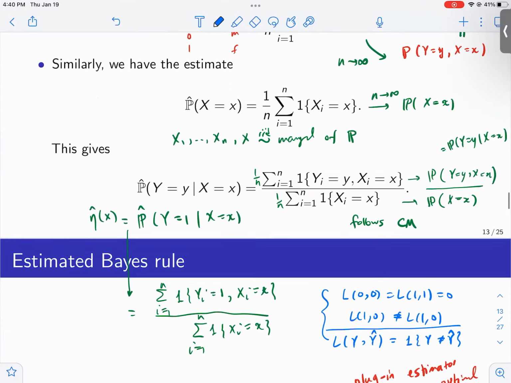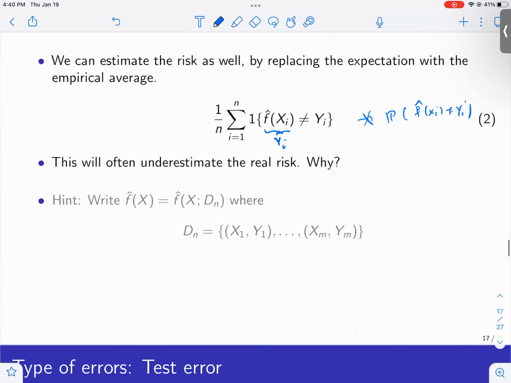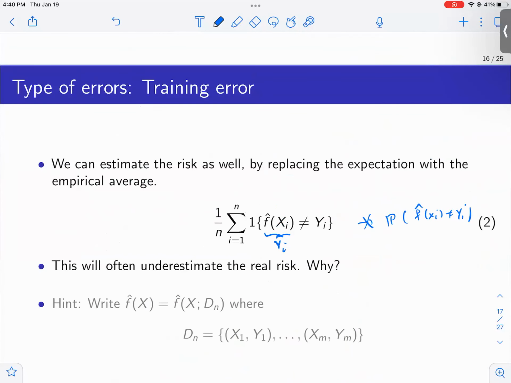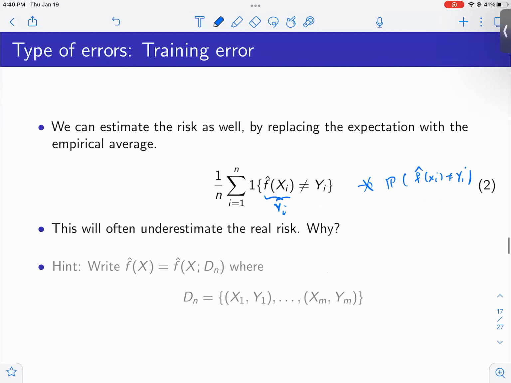So that's what we do for evaluation. There's a training error, and another reason why it's called a training error is because usually you use it to train the classifier, as we'll see. It's a quantity that you try to minimize to learn the classifier.